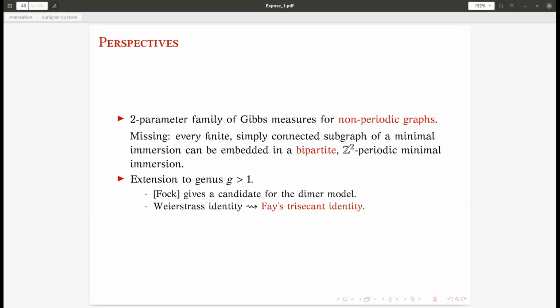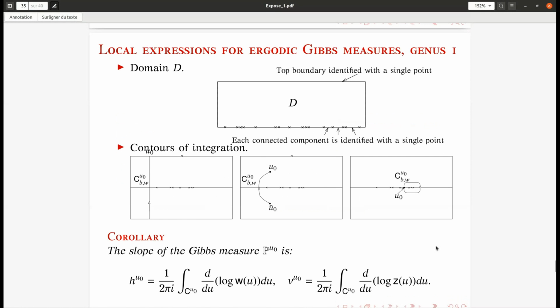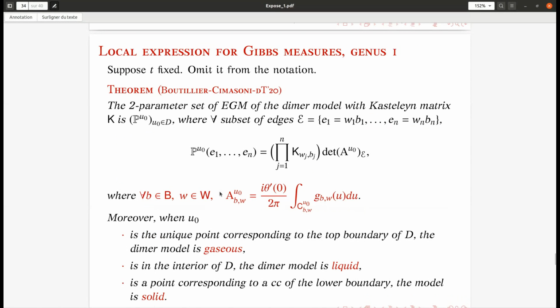Yes. When you consider the Gibbs measure, when you have an explicit expression, maybe I will go back here. This gives you an explicit expression for Gibbs measures, a 2-parameter family of Gibbs measures. And from this, you can compute correlations easily. This is what I was saying about doing asymptotics, because you can take 2 edges that are far apart, and specify this formula for 2 edges, and you can write out the correlation.